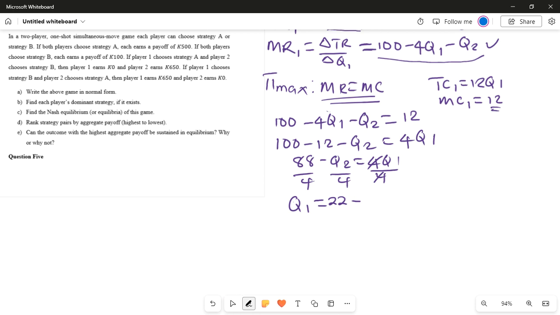I hope the calculations are correct, right? So we've got 100 minus 4 q1 minus q2, which is equal to 12. That's still fine.